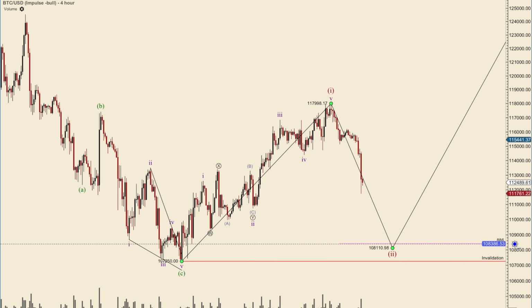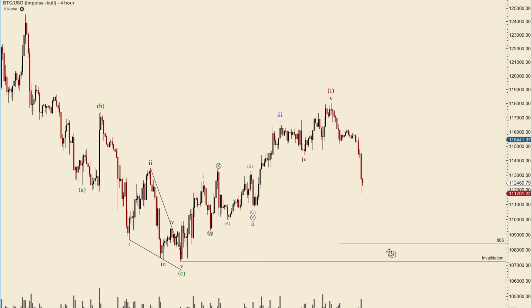If we hit this, that's the 86 fib at 108.434, then the probability is significantly lower that this is a 1, 2. Then it's more possible that it's a B, C, that kind of thing. So that is something to keep in mind.